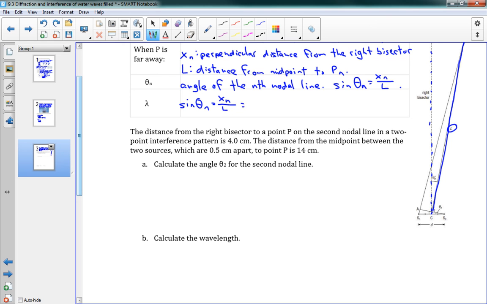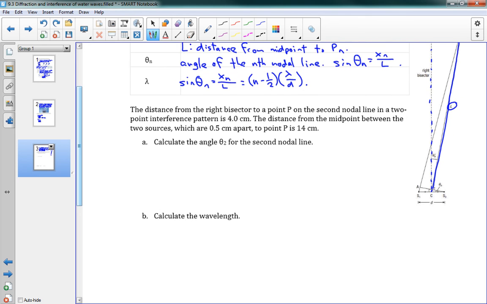Both of those are equal to n minus 1 half times lambda over d. That's very similar to the equation on the last page, where we had n minus 1 half times lambda. We're just dividing that by d. And we can use this equation now to use points that are further away from our two sources.